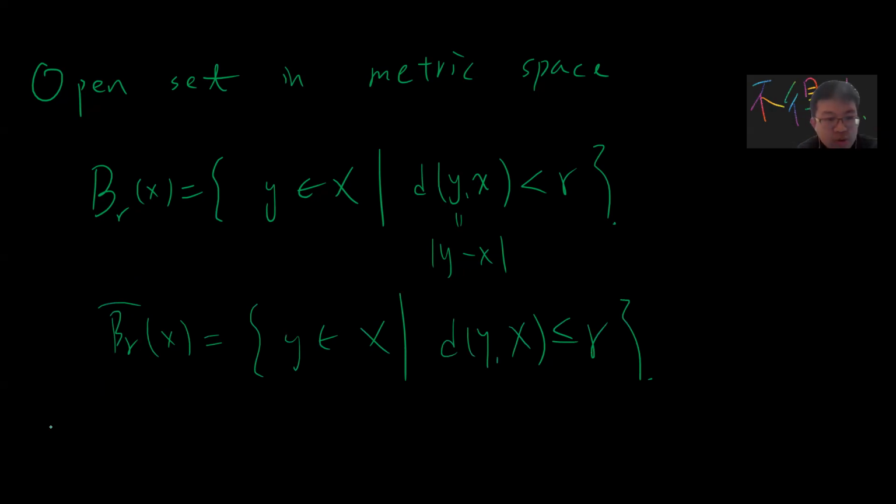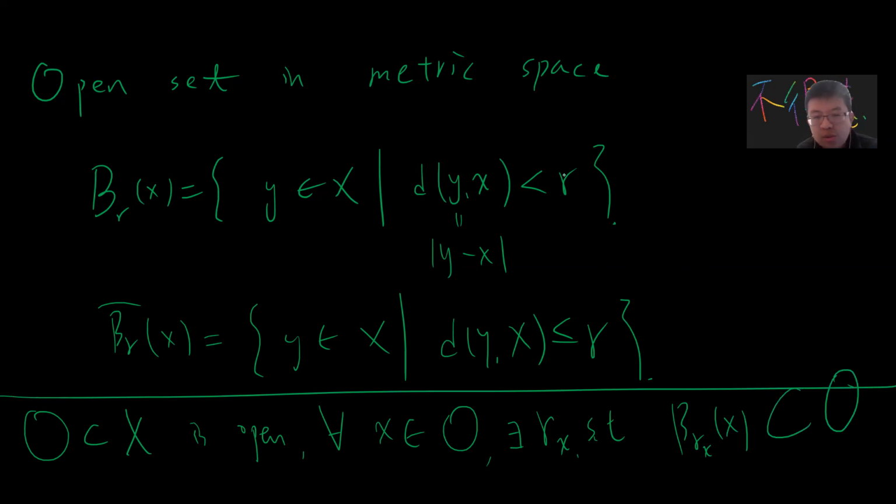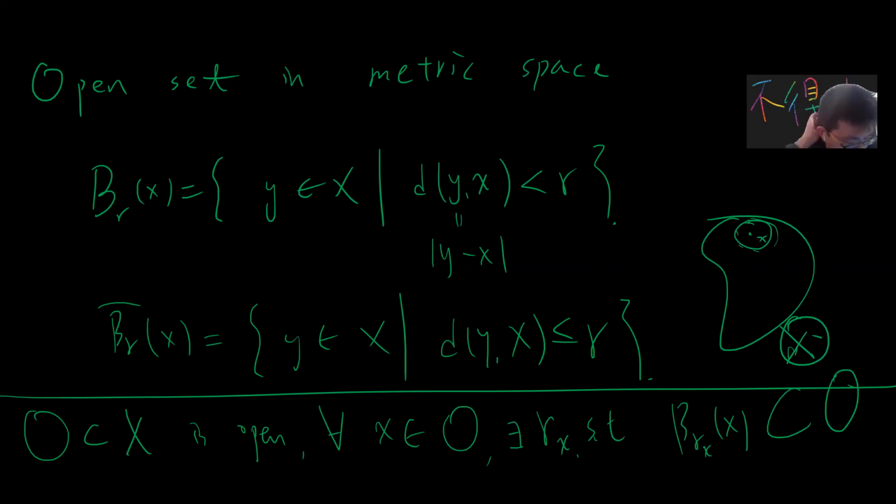A subset O of X is open if for every point x belonging to O, there's a radius r(x) such that the open ball B_r(x)(x) is contained in O. This means that for each point x, there's a small open neighborhood such that the whole ball belongs to this set. This is the standard open set. Hopefully this is not the first time you have seen it.